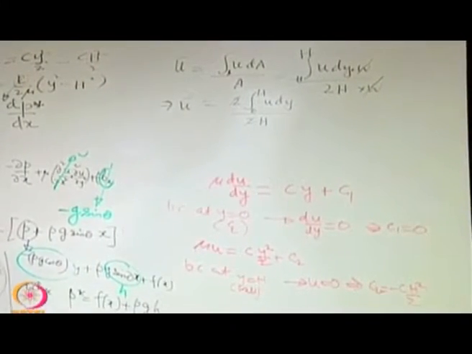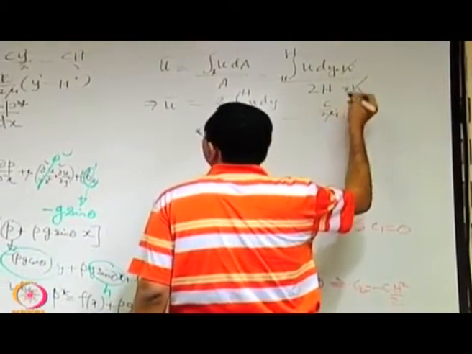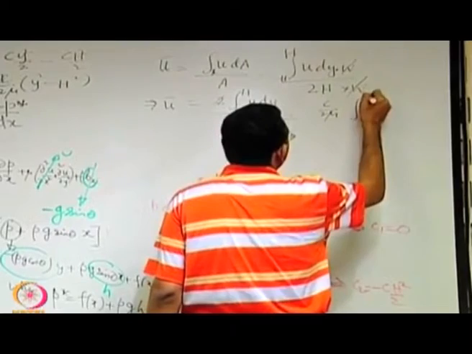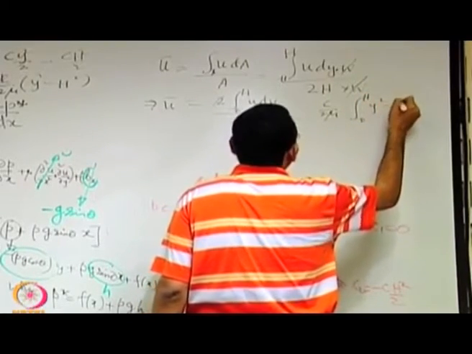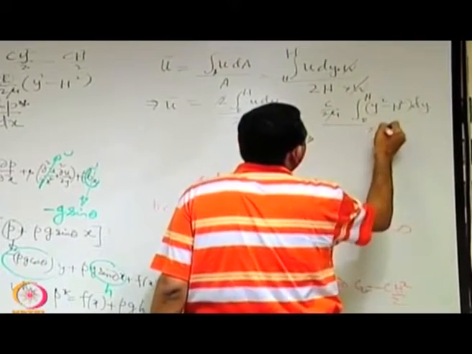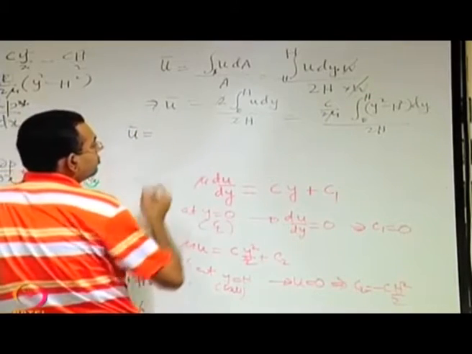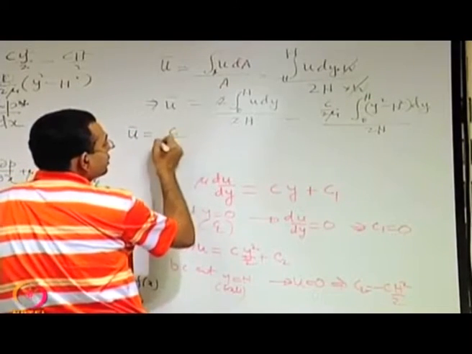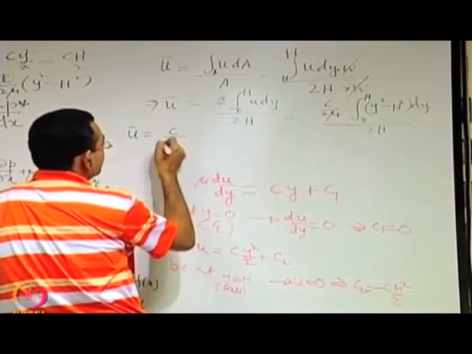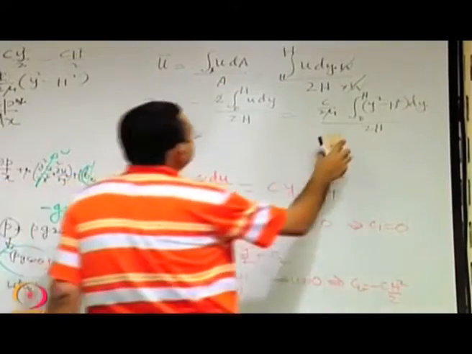and you may substitute u, that is c by 2 mu into integral of 0 to h y square minus h square dy divided by 2h. So let us just complete this expression. You have u average equal to c by 2 mu into, sorry, the 2 is not there in the denominator, right.